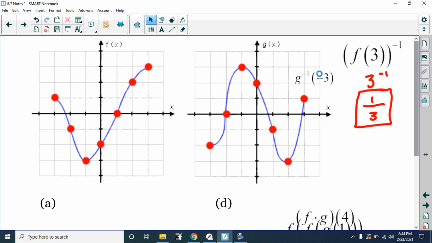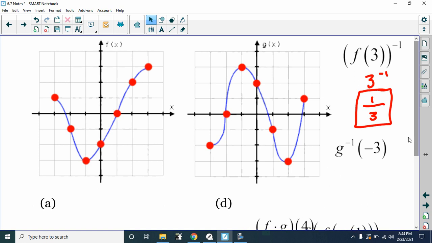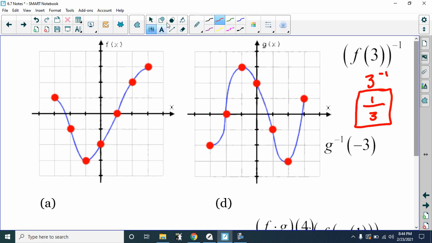The more difficult problem is this guy here. It asks us to evaluate g inverse of negative 3. The way we would do one like this is if it's asking me for g inverse of negative 3, I want to know g inverse of negative 3 equals what?